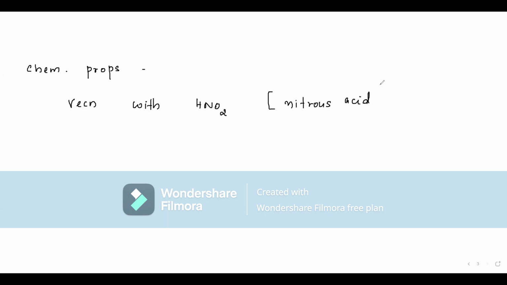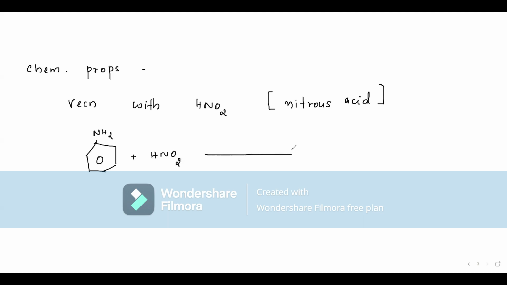Now, one drawback with this nitrous acid is you cannot prepare and store it. So you need to prepare it when you need it. Therefore, let's take aniline. I need to treat aniline with HNO2.